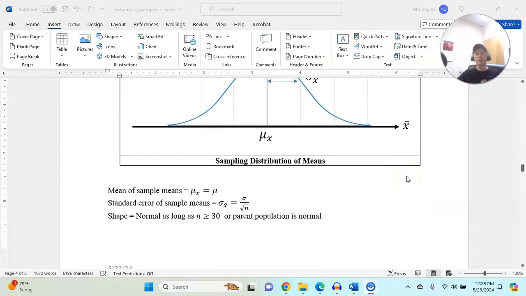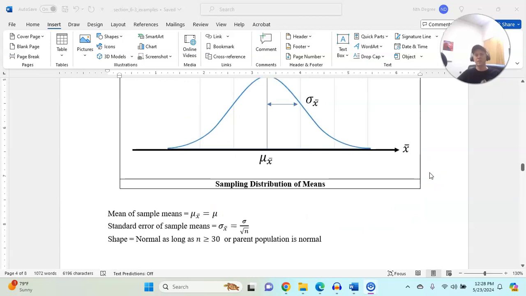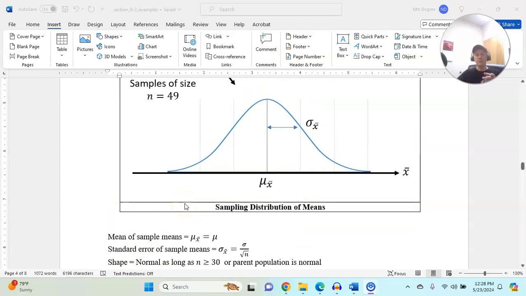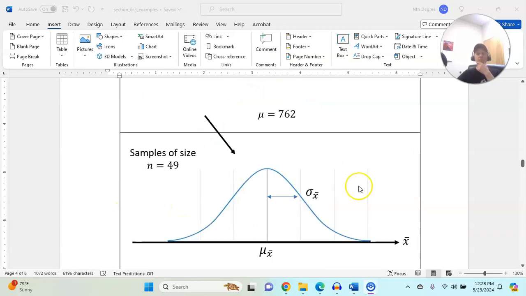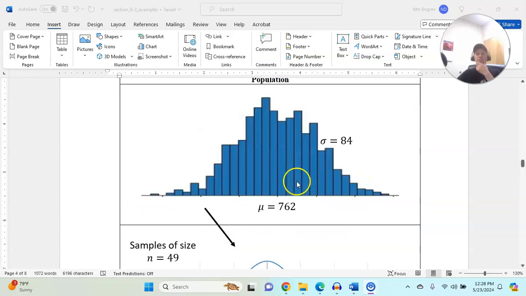What can we conclude about those 3 things? Shape, center, and spread. All right, so let's take them one at a time. And again, the mean is going to be the intuitive one. If I'm drawing from this population that has a mean of 762, and I gathered many samples from this population and then threw them onto a pile, where do you think most of them would be centered?